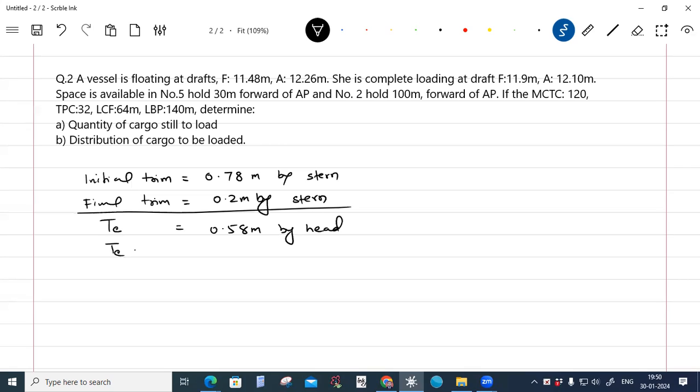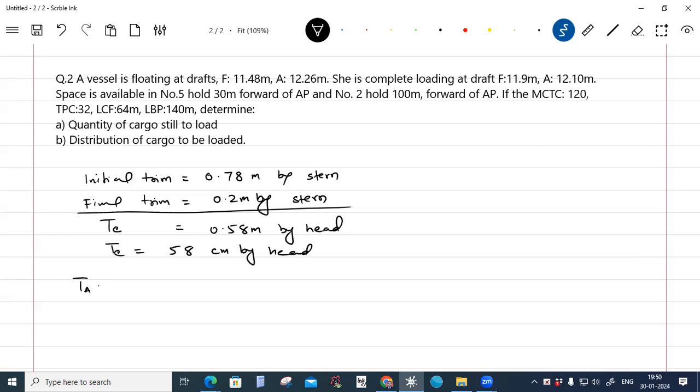In centimeter? 58 centimeter by head. What is going to be your change in the forward draft and aft draft?